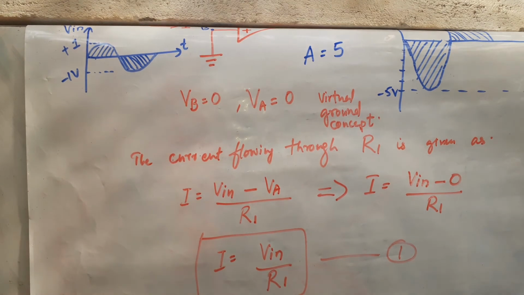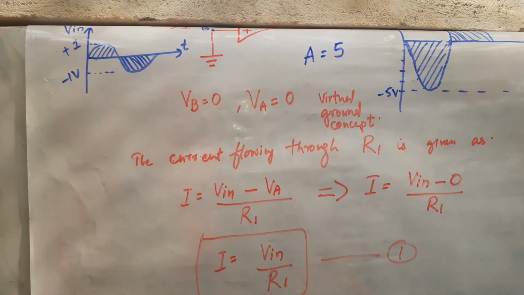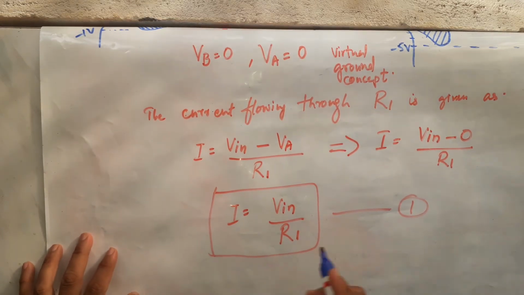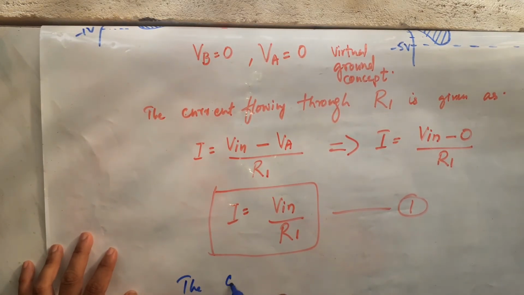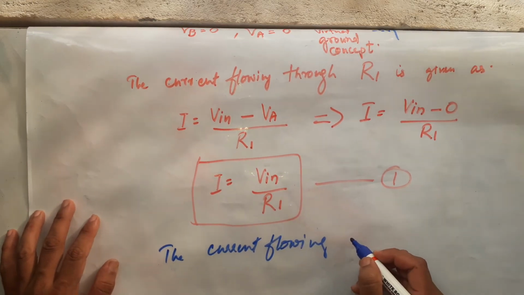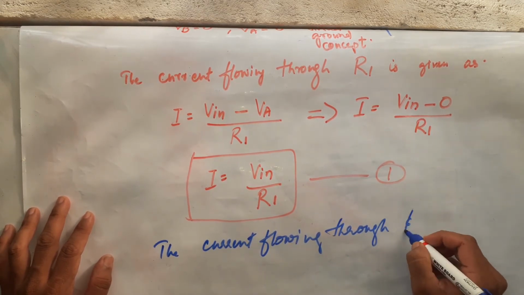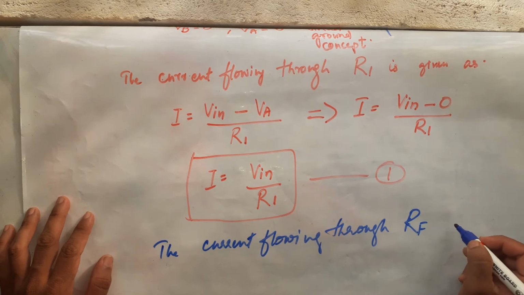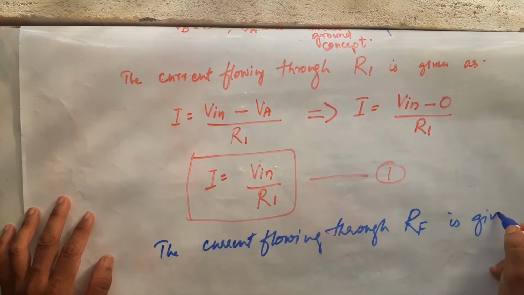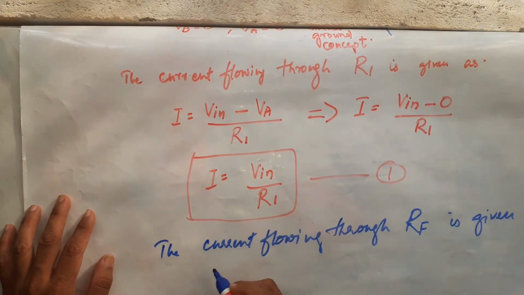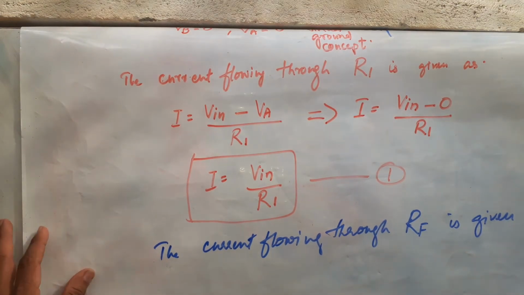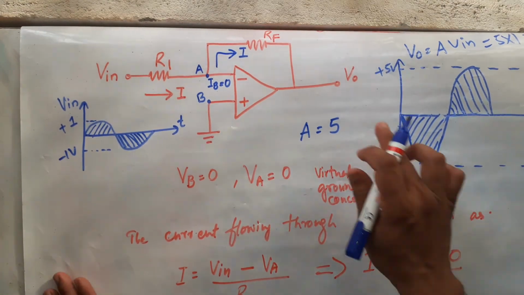Now let us see what is the current flowing through RF.